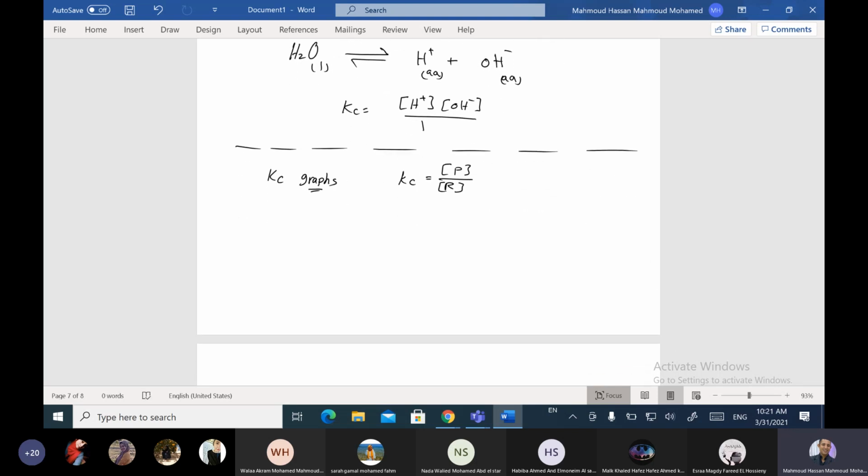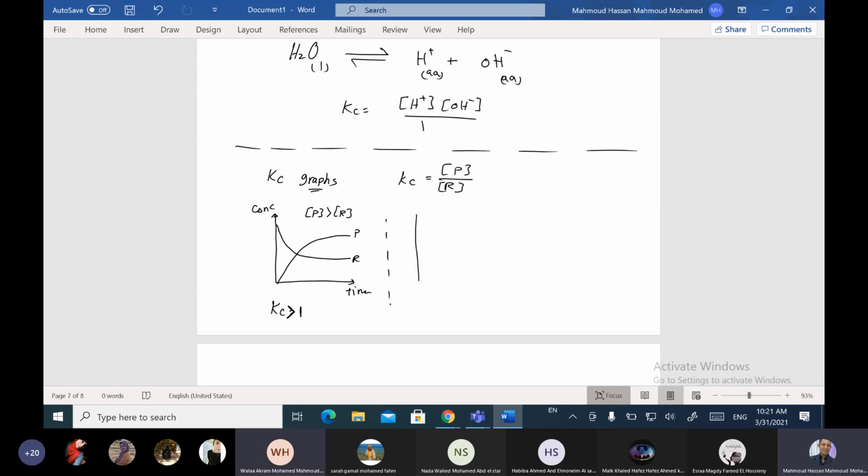Sometimes we will find different graphs between the concentration and the time, like this graph. This represents the reactant and this represents the product, and the concentration of the product is greater than the concentration of the reactant. So the value of the Kc in this case is greater than 1.